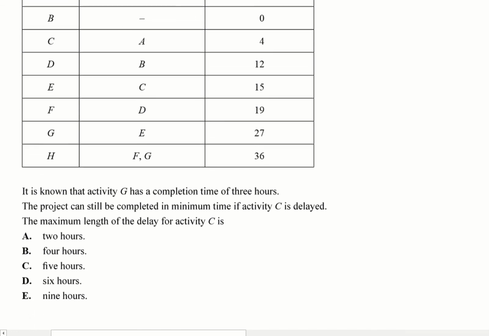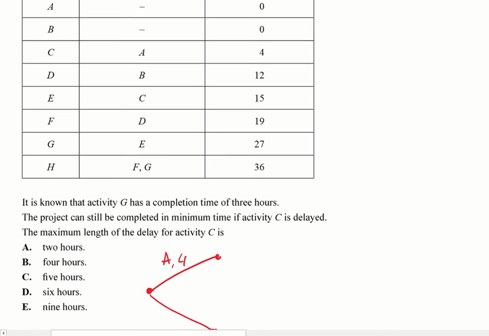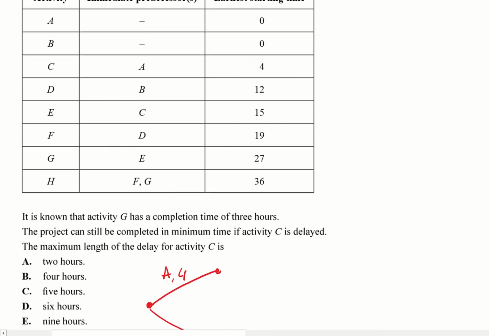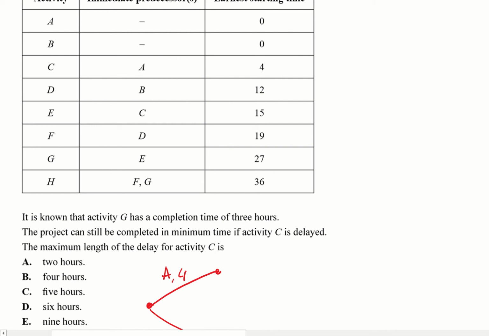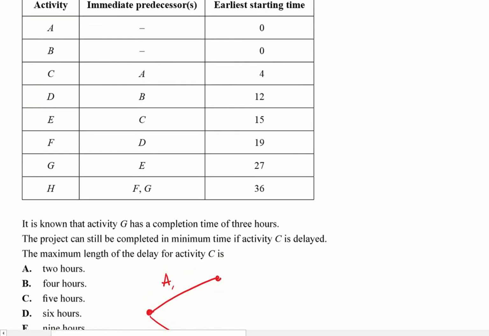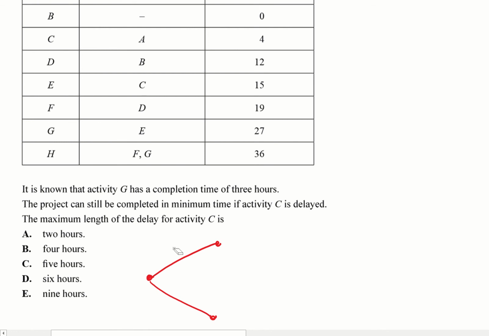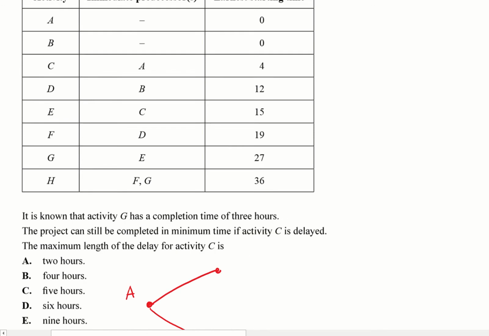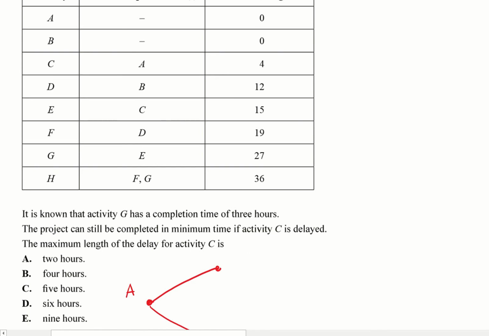So I'm going to start off with a point here, and I'm going to go like this, and this is my A. Let's start that again. Activity A starts there, and I've got C, that's my predecessor.